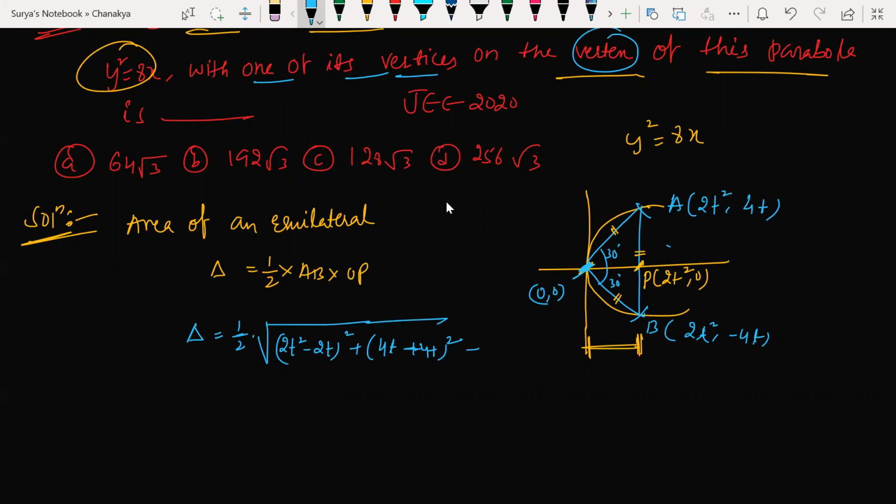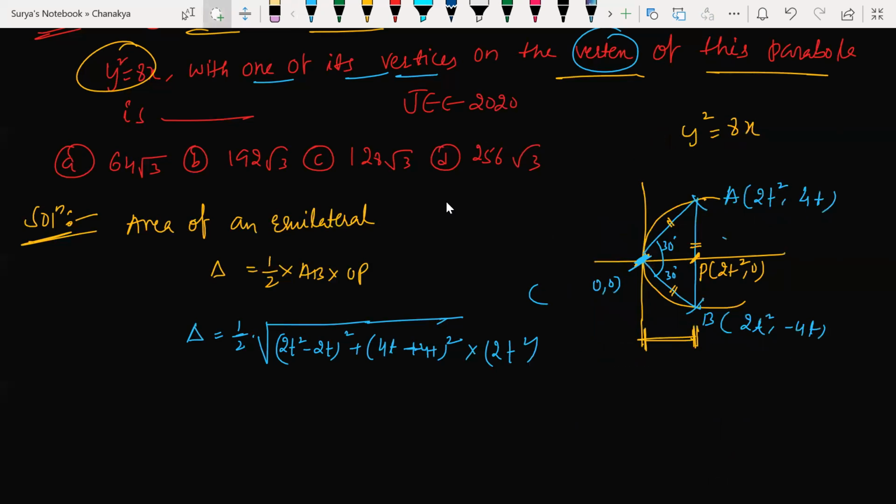Into OP. So origin to P, what is this distance? What is the distance between (0, 0) and the point (2t square, 0)? What is the distance between this O and P? 2t square, am I correct? Any doubts? 2t square.